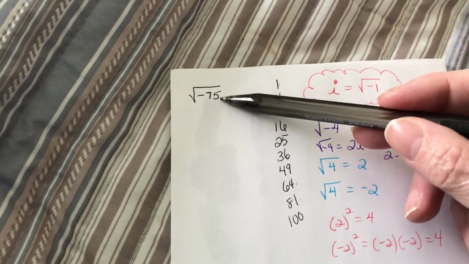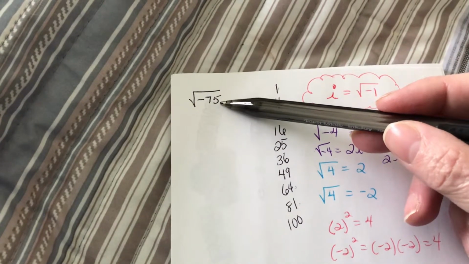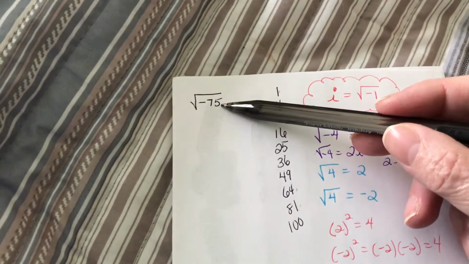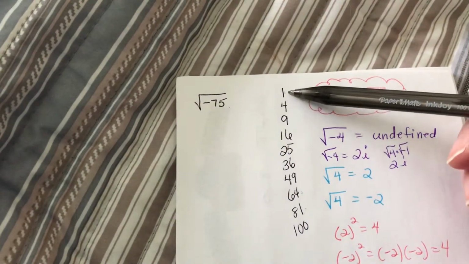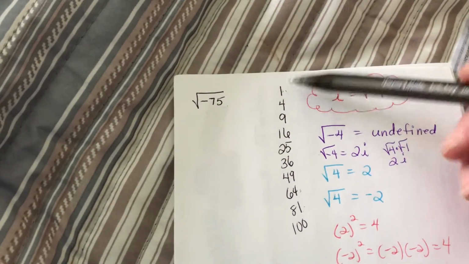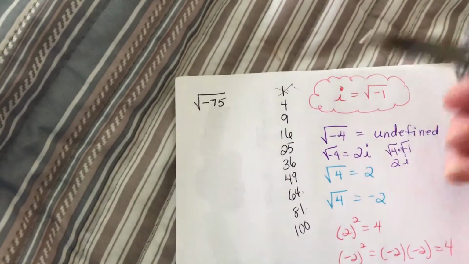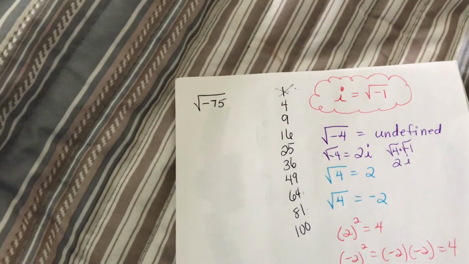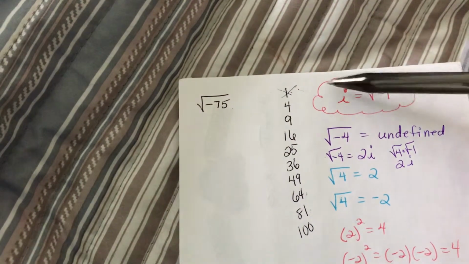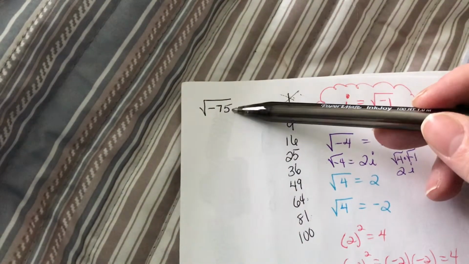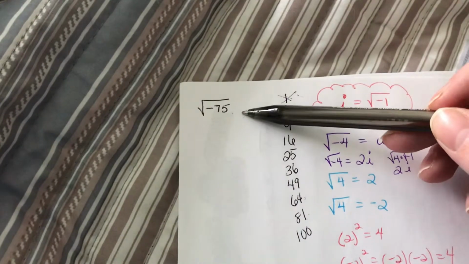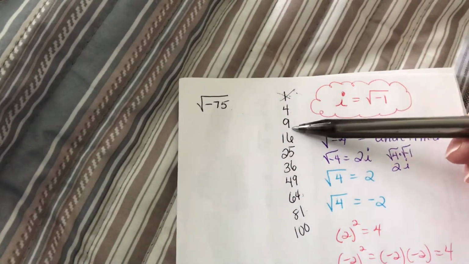So I have to look at 75 and ask myself, are there any factors of 75 that are perfect squares? Well, 1 you just kind of disregard in this process because the square root of 1 is 1, so it's kind of a waste of time. But is 4 a factor of 75? Meaning, does 4 divide into 75 evenly? No. Does 9?